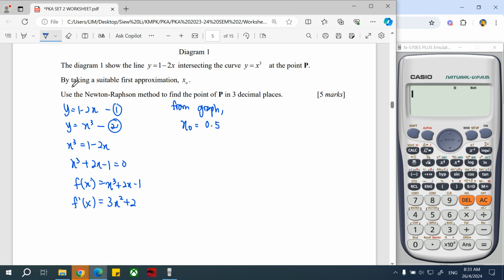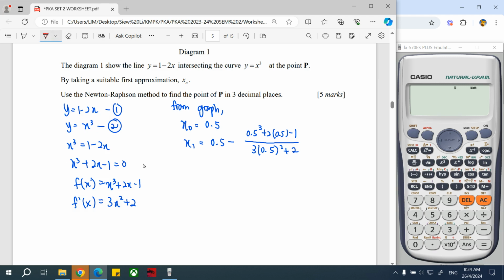By identifying your first approximation value, we can start our Newton-Raphson method, where the formula will be x1 equals 0.5 minus the function, which is x cubed plus 2x minus 1, over the differential function, 3x squared plus 2.